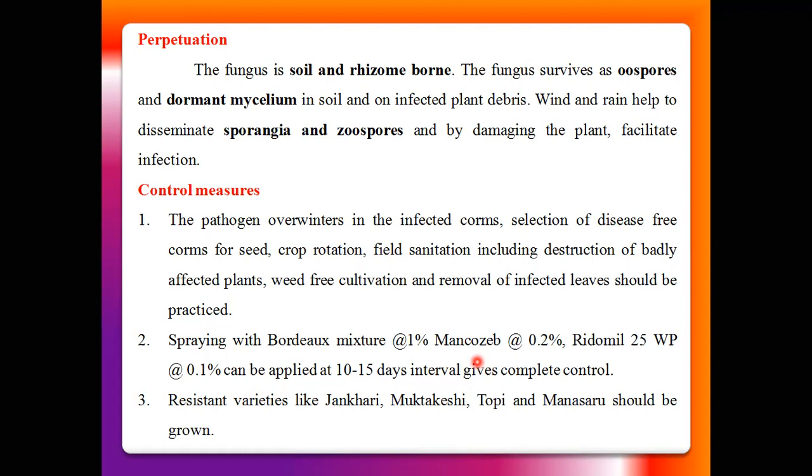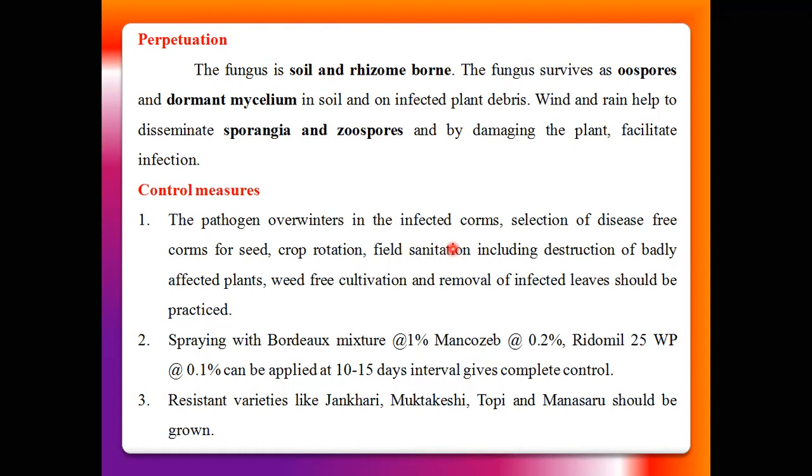So this disease is generally avoided by using healthy corms for sowing, because these corms can also be infected by the Phytophthora pathogen. So always use disease-free or healthy corms for planting in the main fields.